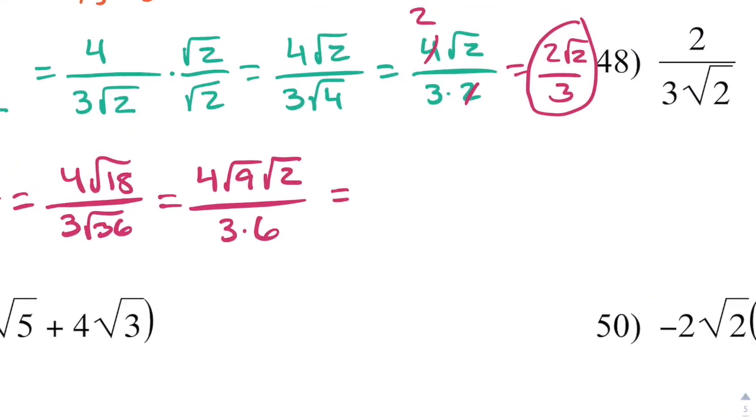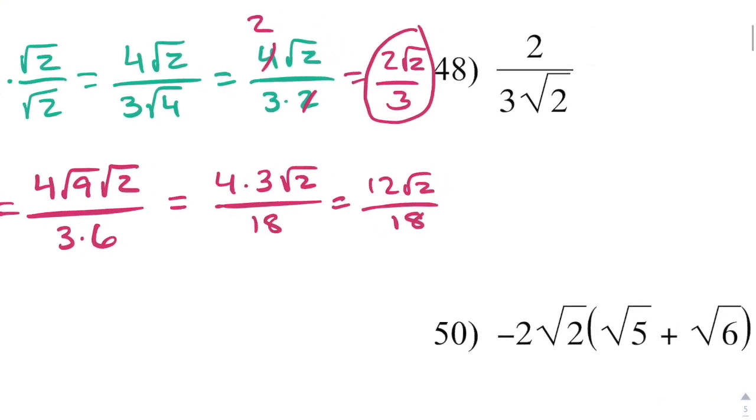So we have 4 times 3 square roots of 2 all over 18. So 4, 8, 12 square roots of 2 over 18, which ends up being 2 square roots of 2 over 3. We are exactly where we were before.